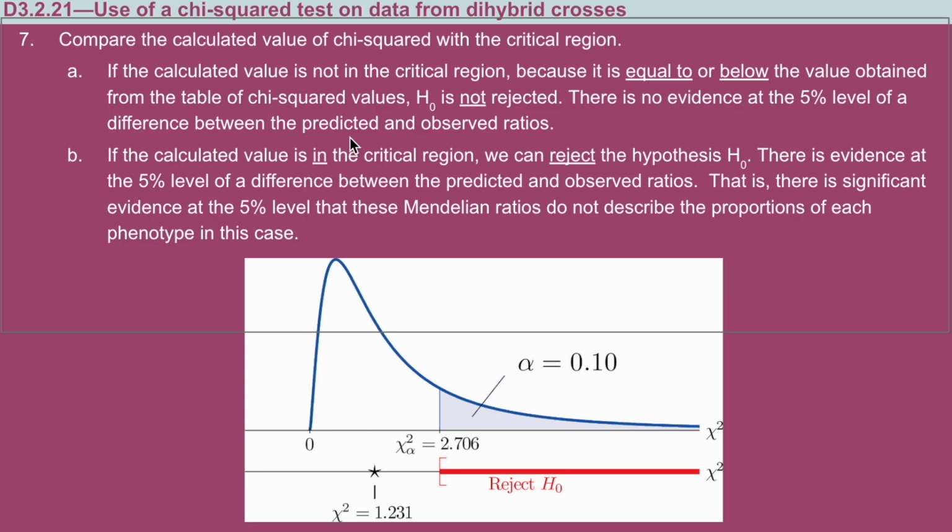There's no difference between predicted and observed values. If, however, the calculated value is in the critical region, we reject the null hypothesis. There's significant evidence that the Mendelian ratios do not describe the proportions of each phenotype in this case.